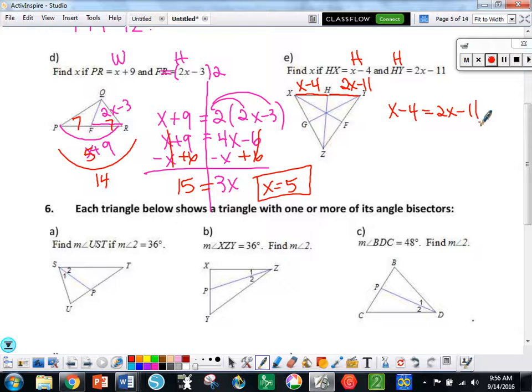Good. So again, they look different, but once we solve it, the important thing to know is that you need to pay attention. Do I have to double it to set it equal to the whole, or am I just given 2 little pieces?